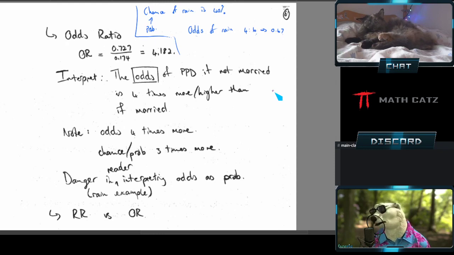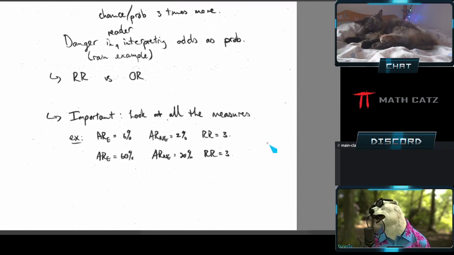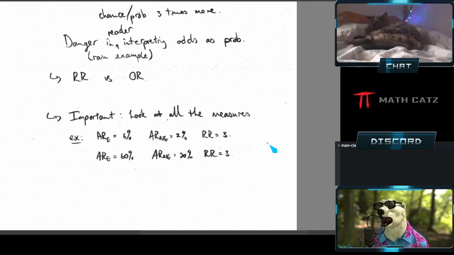But at the very least, we have to be aware of the issue. I'll wrap it up by noting that it's important to look at all the measures. I don't want to have a single measure as the be all and end all, and I don't necessarily want to present absolutely every measure or statistic, but this should be in context to a few.